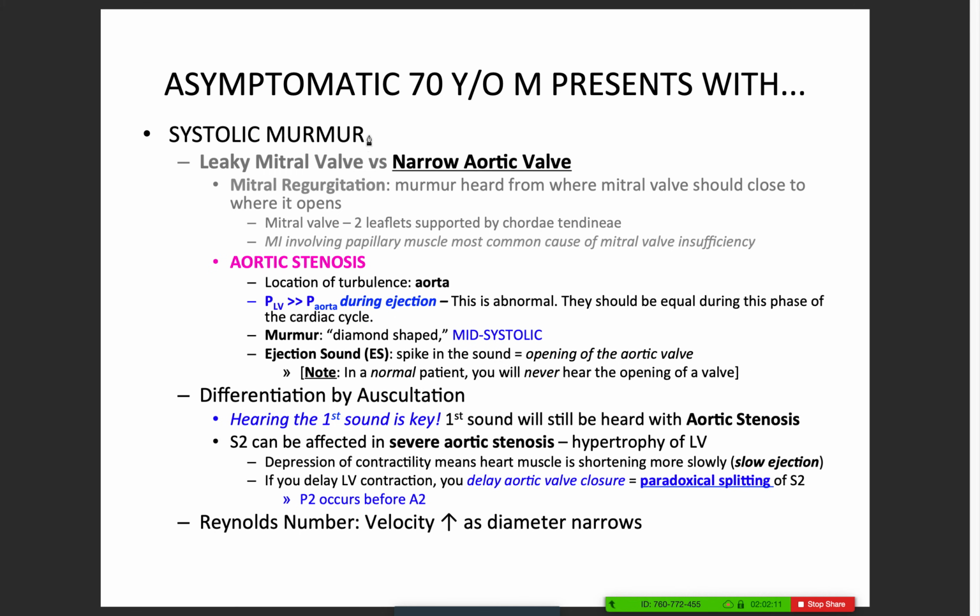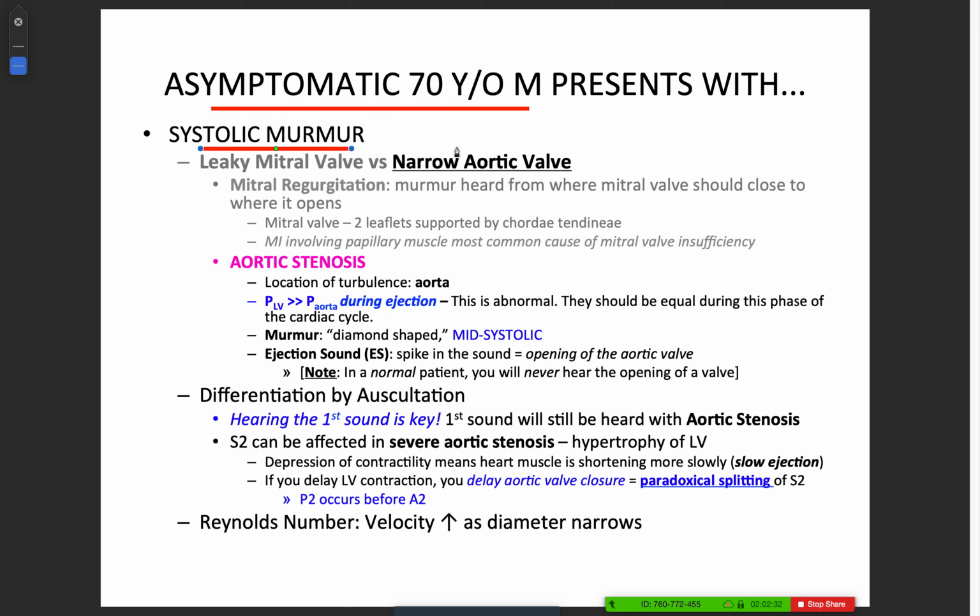This is an asymptomatic 70-year-old man who presents with a systolic murmur. As soon as you see systolic murmur, there's really two options for you. You can either have a mitral regurg or a narrow aortic valve, aortic stenosis.